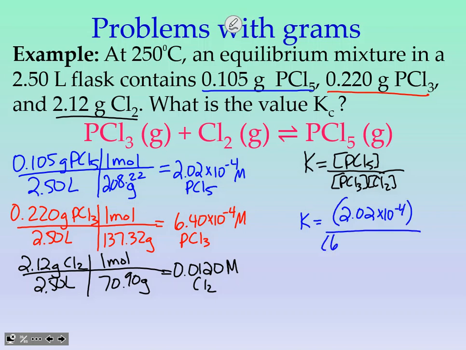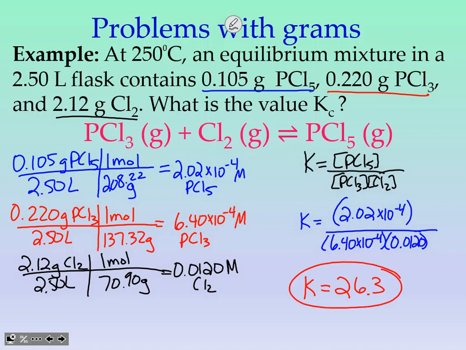On the bottom, 6.40 times 10 to the minus 4 and 0.0120. So what do we get for K? K ends up being 26.3 is what I got. Very good, thank you.